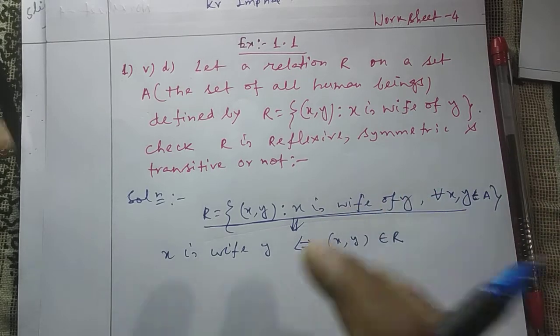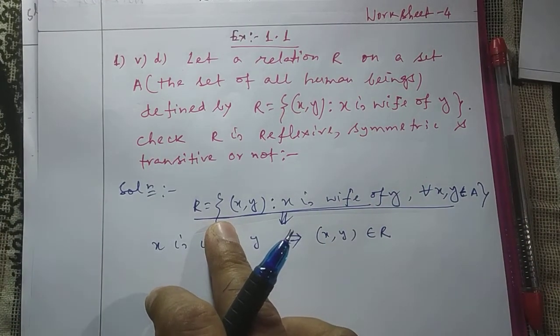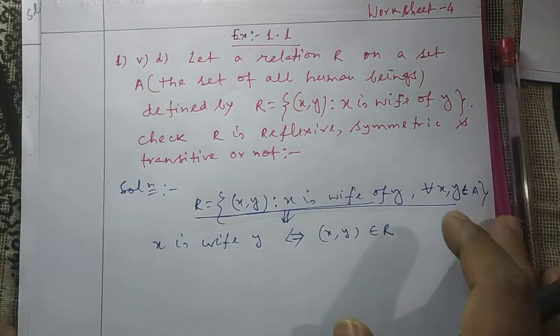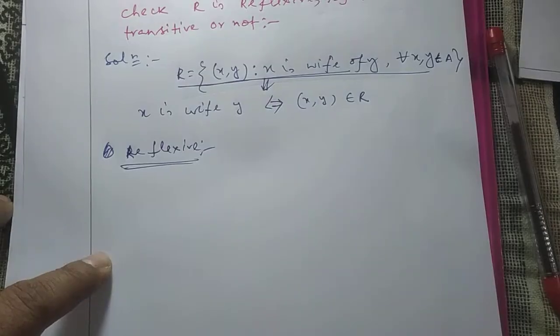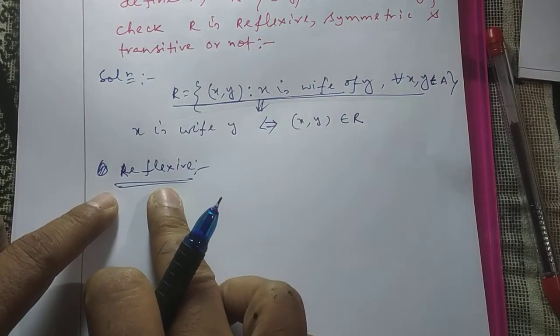Keeping this in mind, now you have to check whether R is reflexive or not, symmetric or not, or transitive or not. Now let us check all the points one by one. Understood? Now let us come to the first point to be checked, that is reflexive.